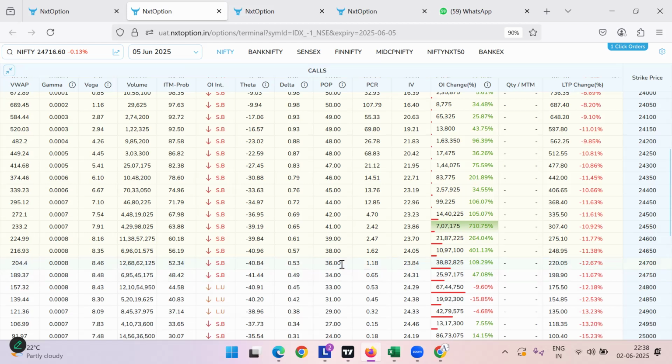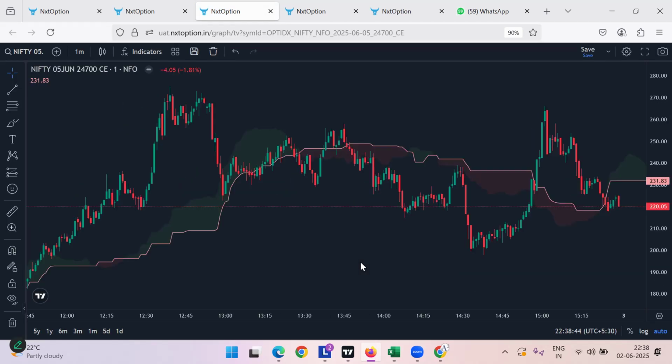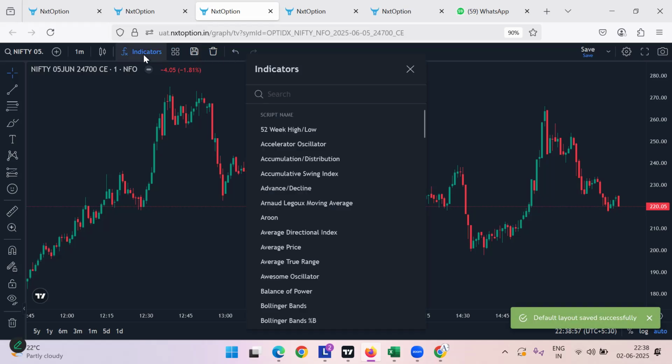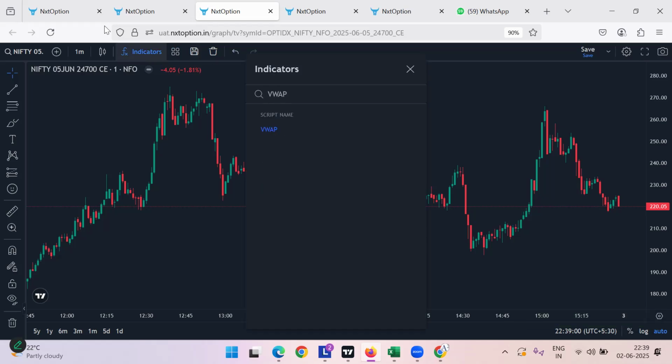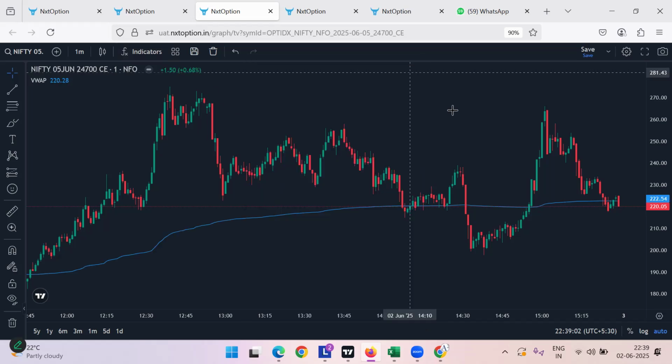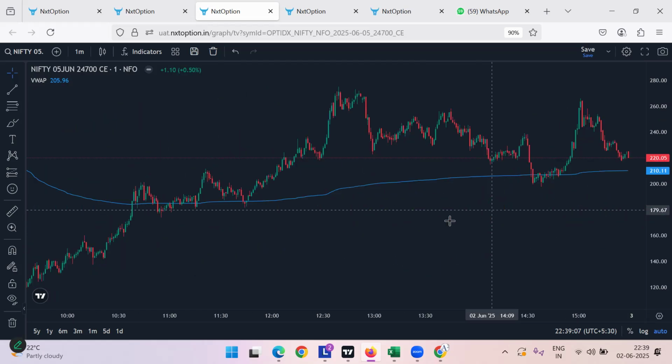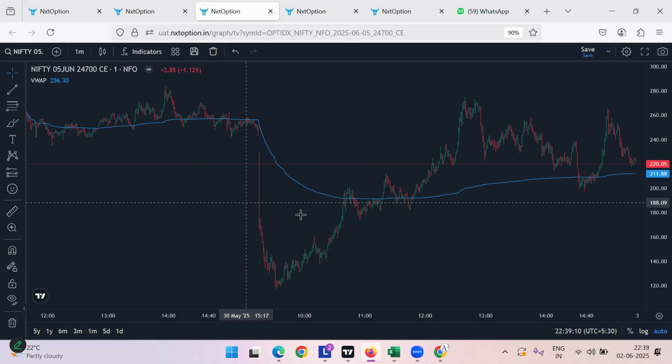Now, how do traders usually use it? Take the 24,700 call option, and if I add a VWAP indicator here, you can see the VWAP around 11:48 was 191.